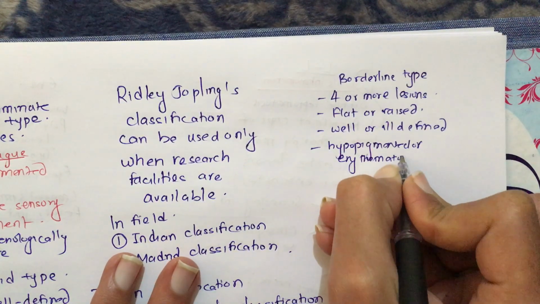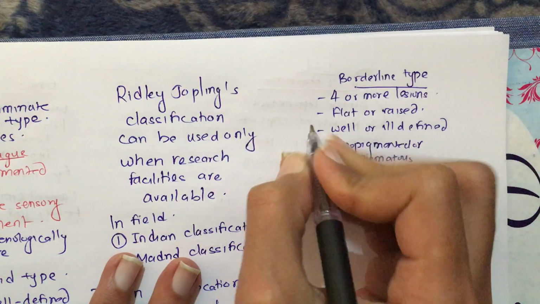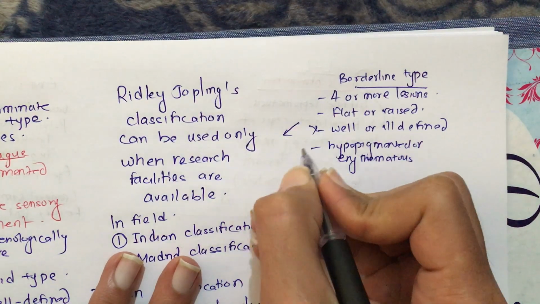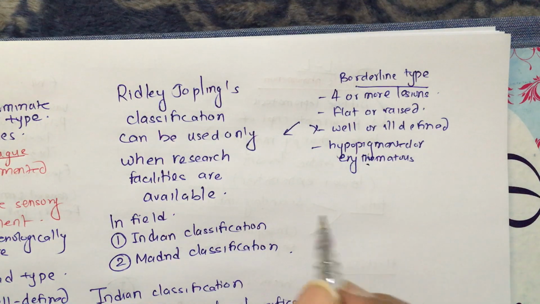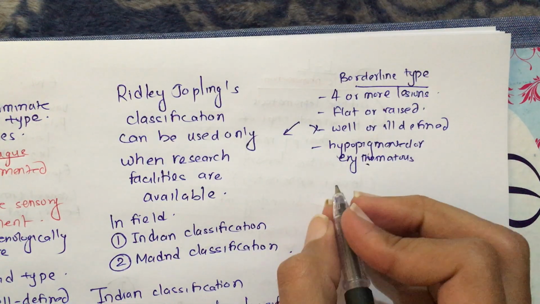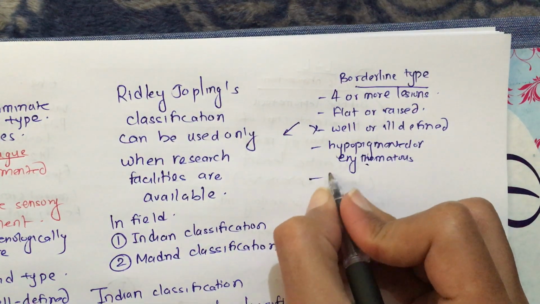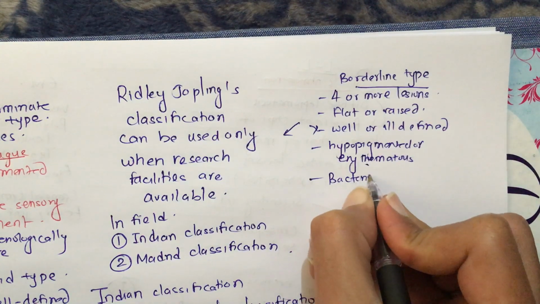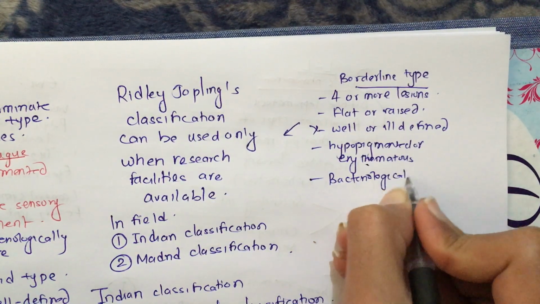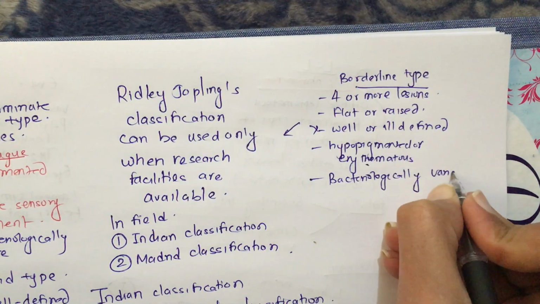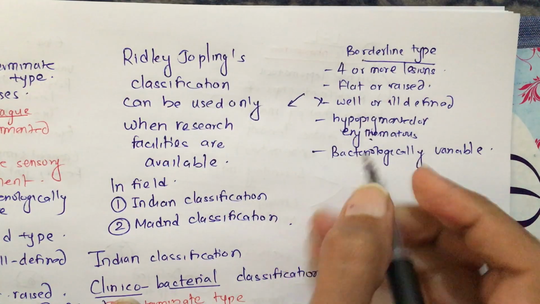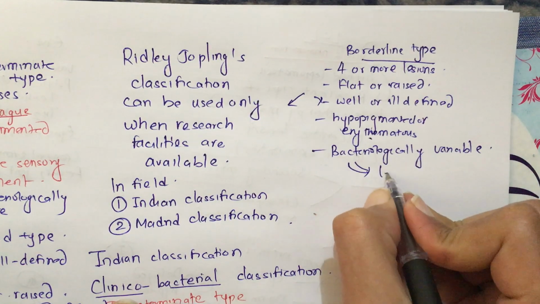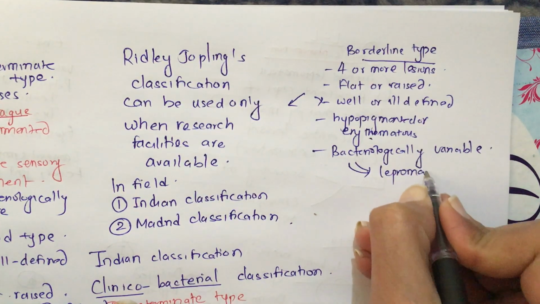Because these are borderline, they may show features towards the tubercular type or the lepromatous type. We have already discussed that this can be bacteriologically variable, and if these are not treated, they will progress to the lepromatous type.